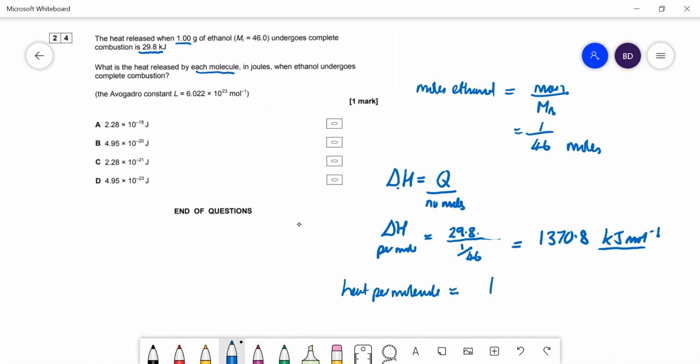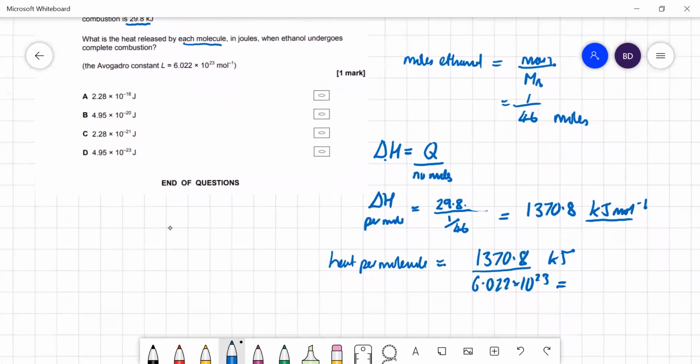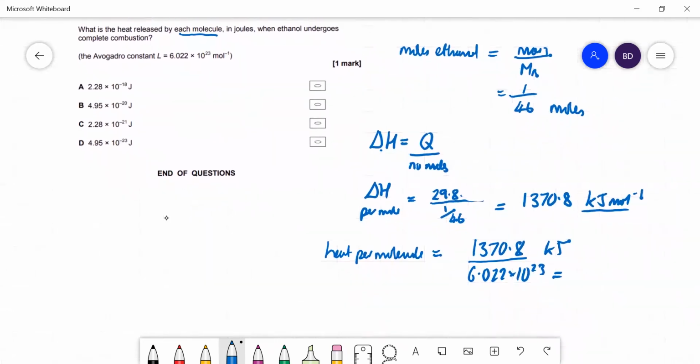is the amount per mole, kilojoules, divided by 6.022 times 10 to the 23. Okay, and that is equal to, right, we've got joules over here, so I'm going to convert that into joules.